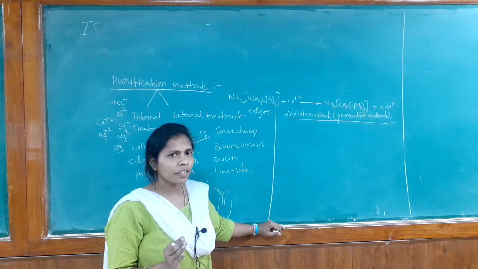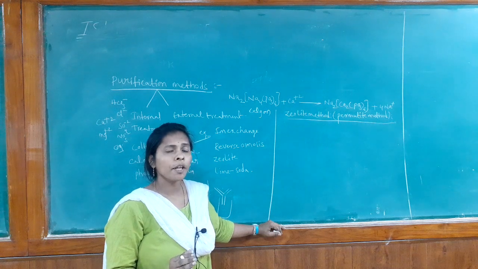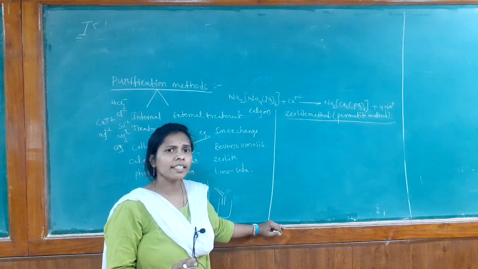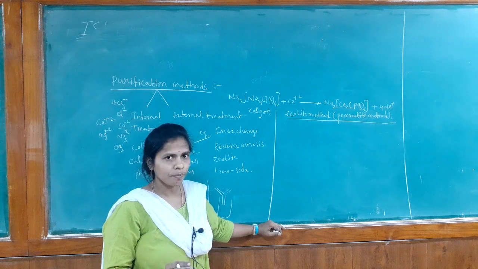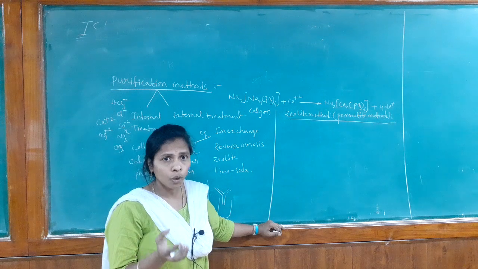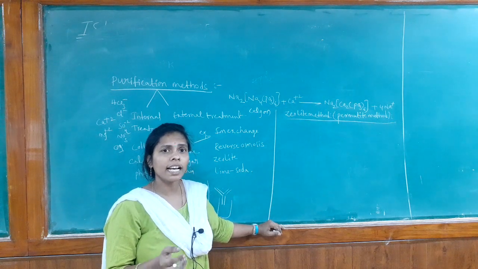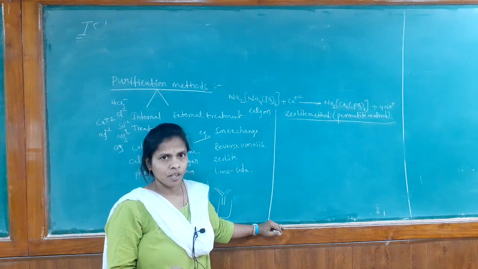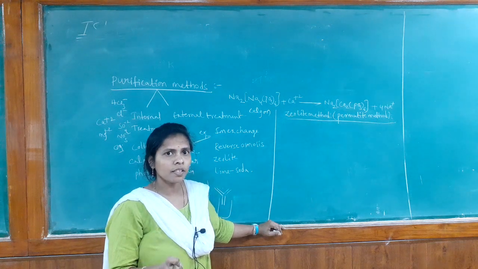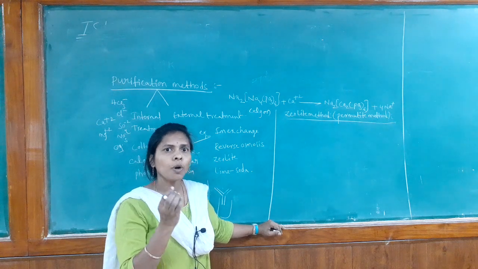Both zeolites have the same formula. But natural zeolite has a non-porous structure. That means it does not have any pores, any holes. Whereas synthetic zeolite has a porous structure. So due to having the pores, it holds all the cations of the water sample in the holes.